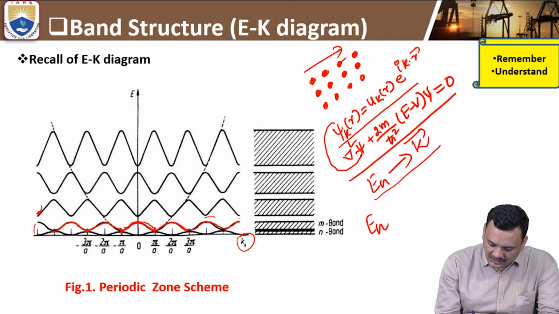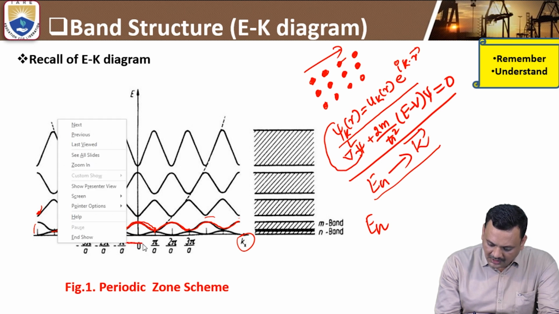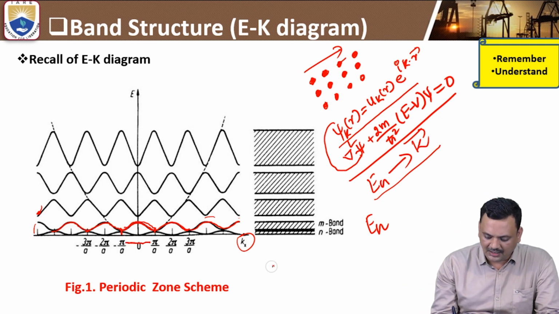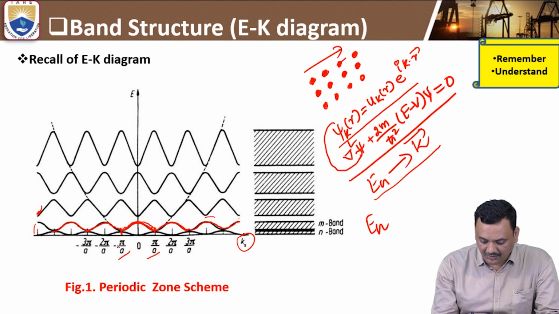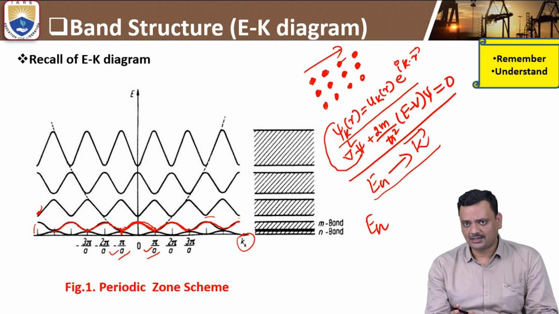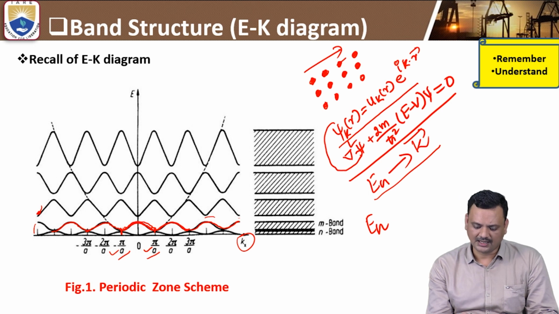The same pattern you are able to draw, whatever is obtained in the interval minus pi by a to pi by a, you again get from pi by a to 2 pi by a, then again 3 pi by a.